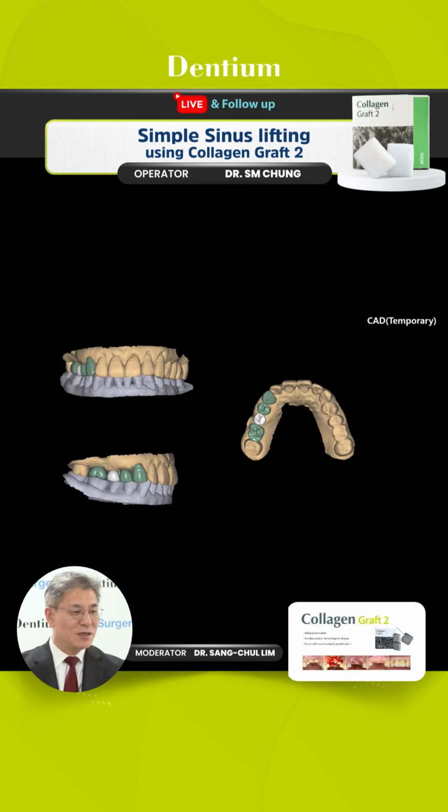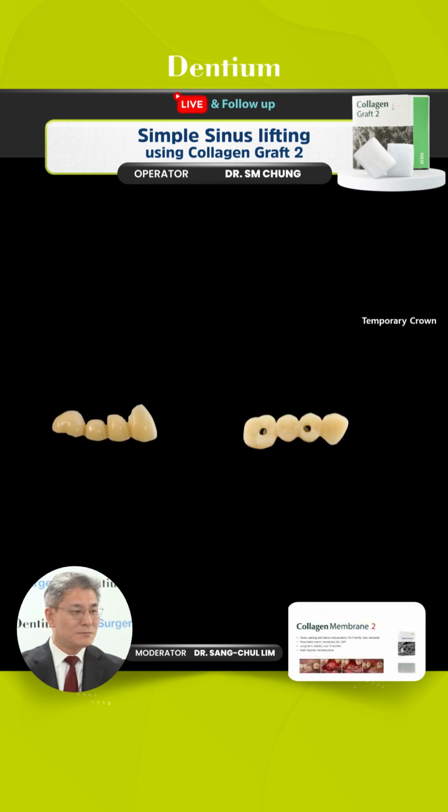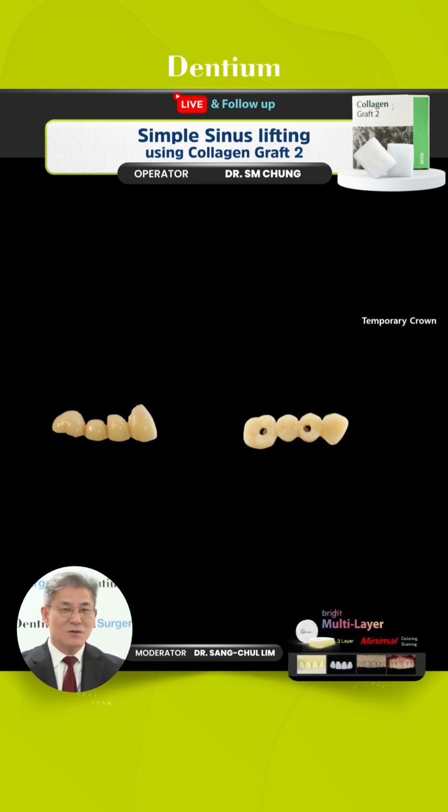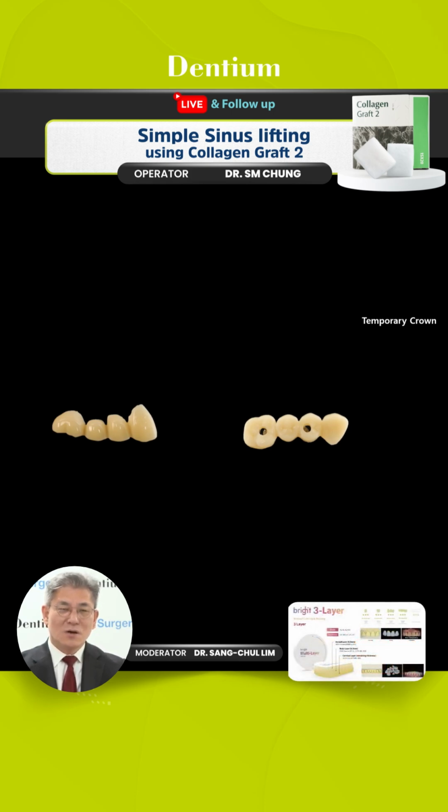And here is the CAD image for the PMMA temporary. And the temporary crown was finally shown to us. This temporary crown was delivered to our patient's mouth. Actually, in some clinics, maybe this temporary crown is placed on the same day as surgery.